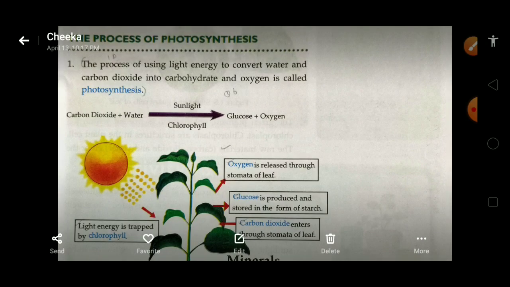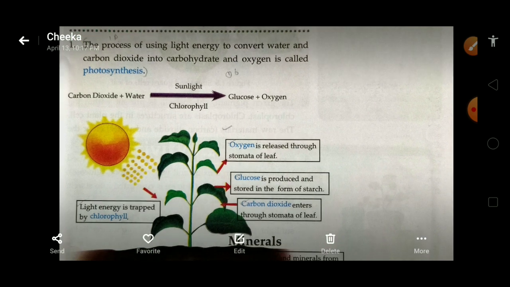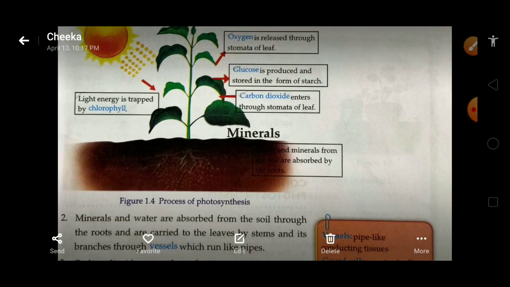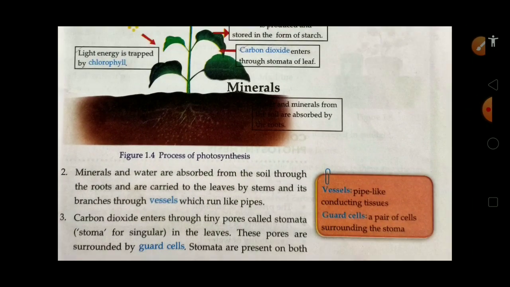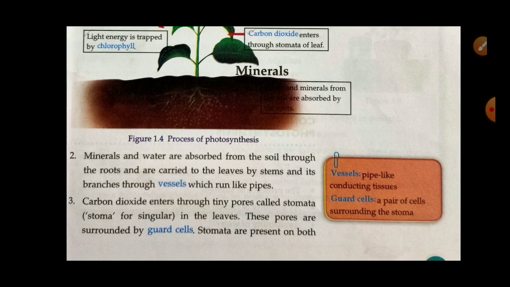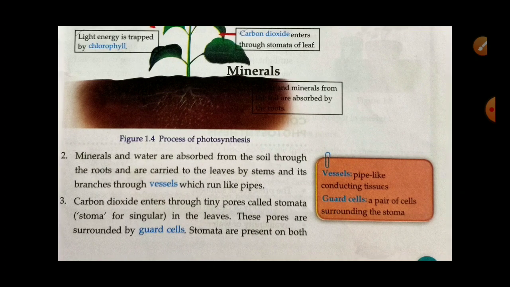I made you understand the process of photosynthesis in this video. Now I will tell you the points related to photosynthesis, meaning the raw materials and how they are used and converted.